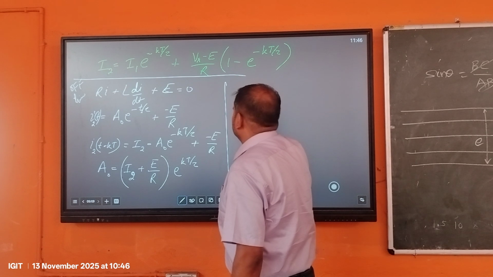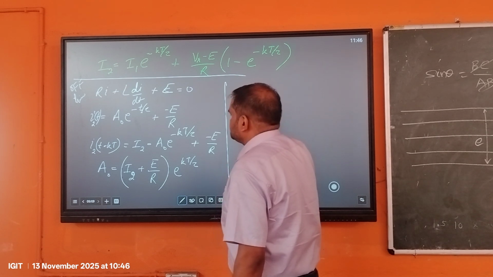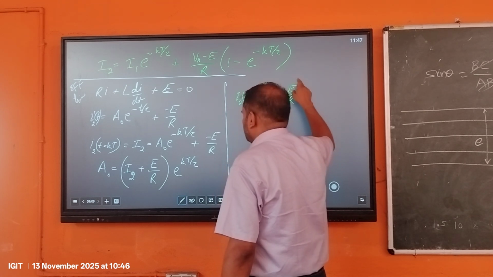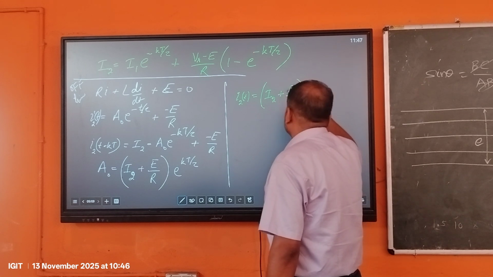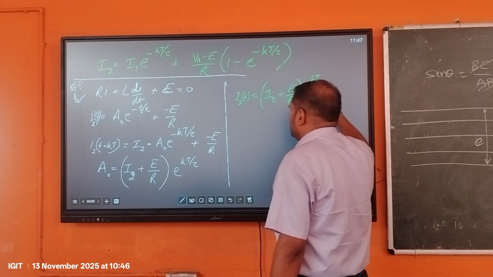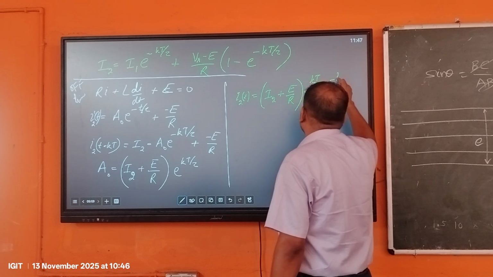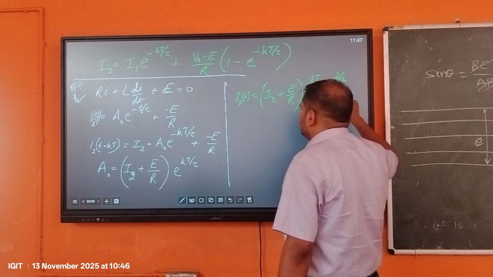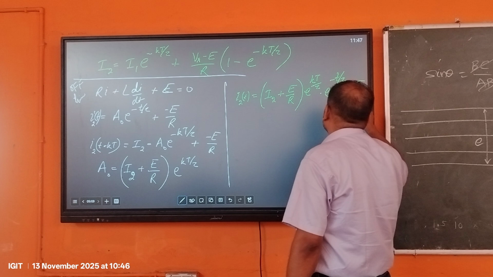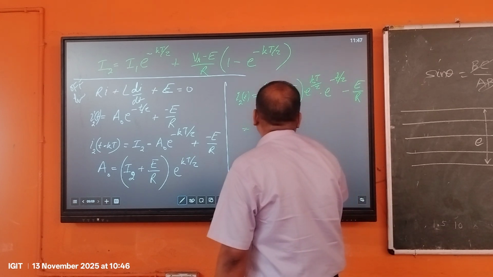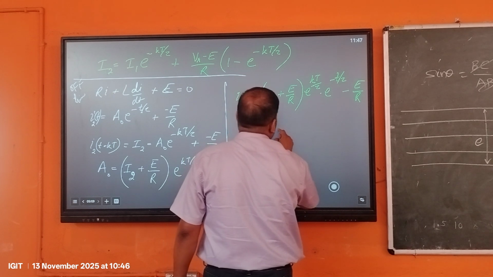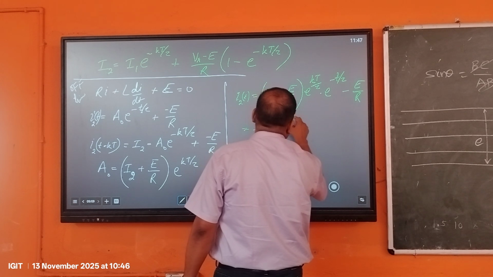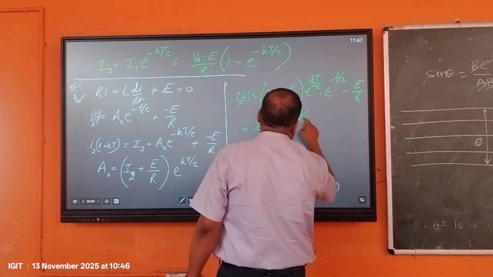We get I2(t) is equal to A0, which is I2 plus E by R, into e to the power kT by tau, e to the power minus t by tau, minus E by R. Okay, it's minus E by R. So we can simplify this as I2 e to the power minus (t minus kT) by tau.